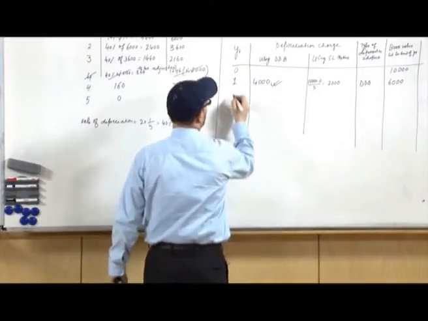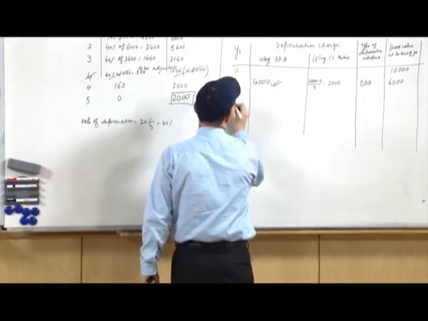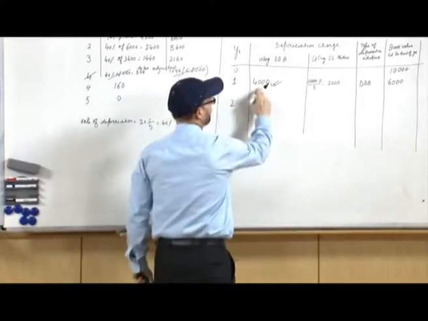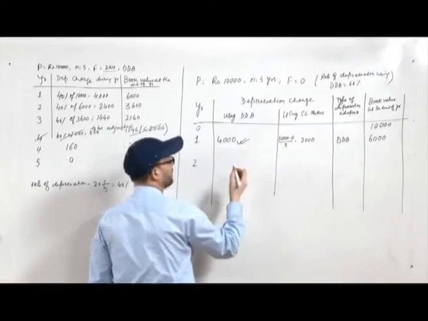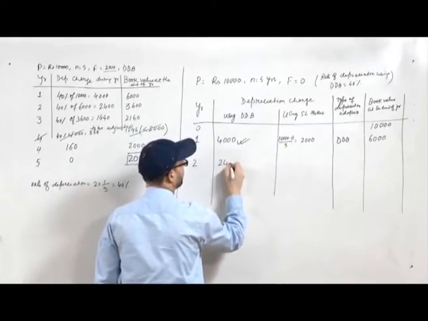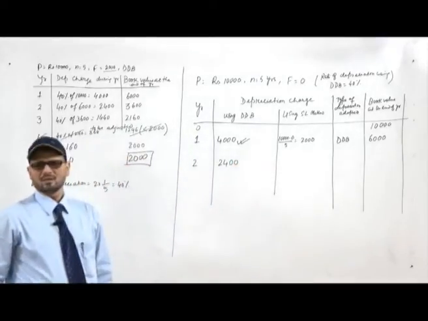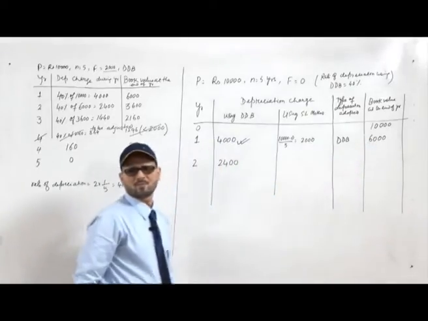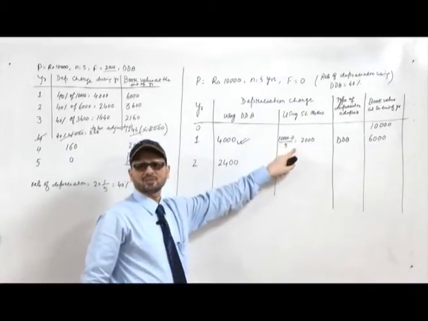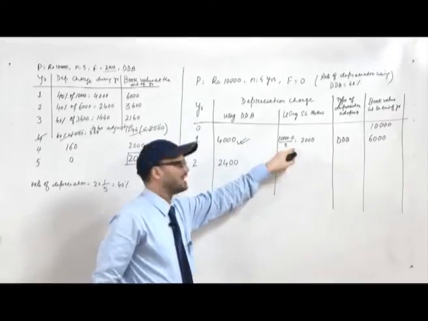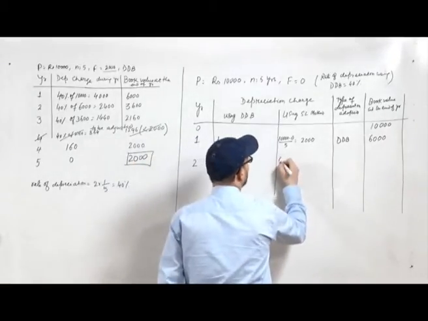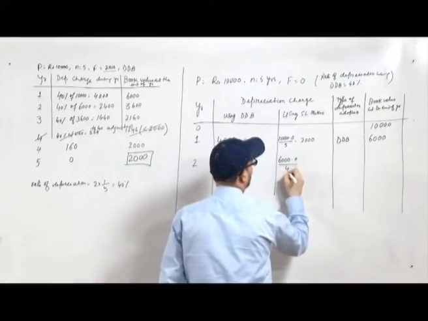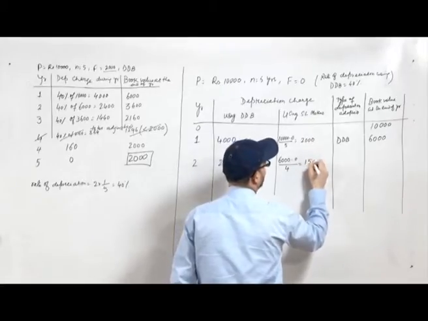Now, in the second year, using the double declining balance method, this will be 40% of 6,000, so it will be 2,400. At this time the book value is 6,000 and the remaining life is 4 years. So, using the straight line method, the amount of depreciation will be 6,000 minus 0, divided by 4, that is 1,500.